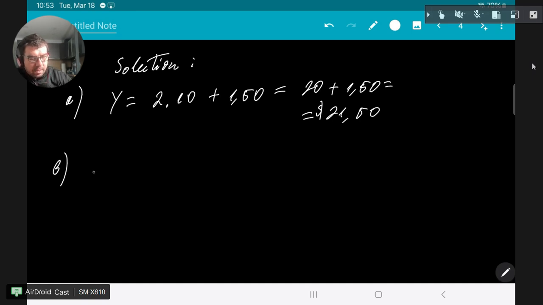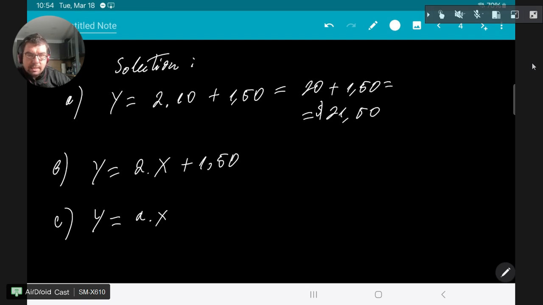B, if the distance is X for our taxi, we are going to calculate the price by multiplying X by 2 and then adding the initial charge, right? And then C, if the charge per kilometer is A, doesn't matter what it may be, I'll multiply it by the distance X and I add the initial charge B. Okay, so it's going to be AX plus B.